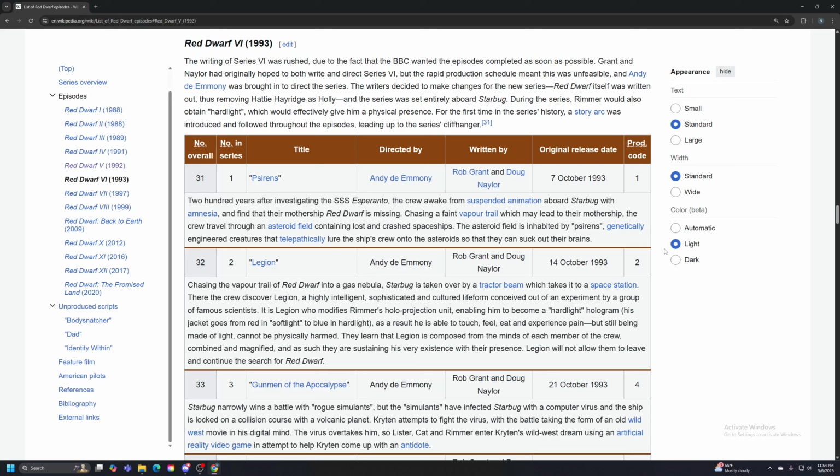Red Dwarf was written out, thus removing Hattie Hayridge's Holly. The series was set entirely on board Starbug. During the series, Rimmer would also obtain Hardlight, which would effectively give him a physical presence. For the first time in series history, a story arc was introduced and followed throughout the episodes, leading up to the series cliffhanger.